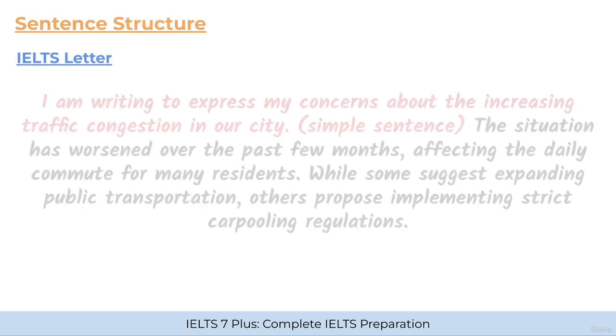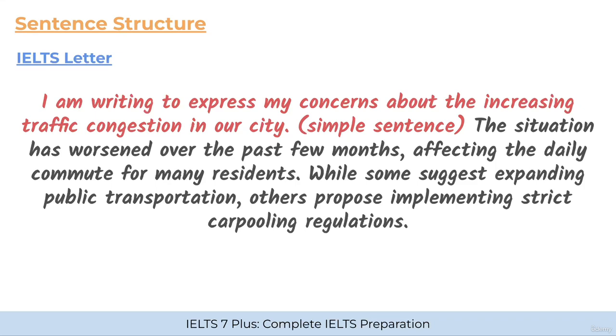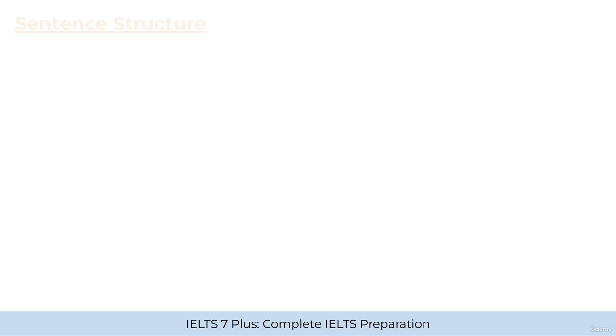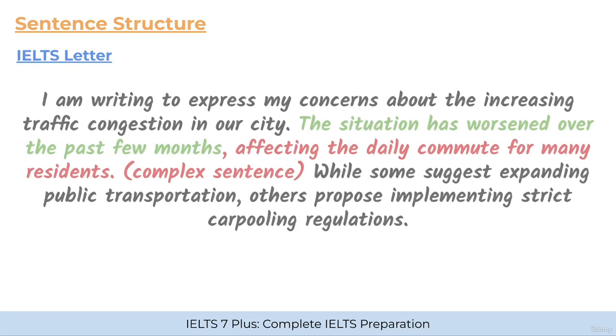So, I'm writing to express my concerns about the increasing traffic congestion in our city. Okay, simple sentence, complete thought there. Next line, let's analyse. The situation has worsened over the past few months. That's an independent clause, that's a complete thought.